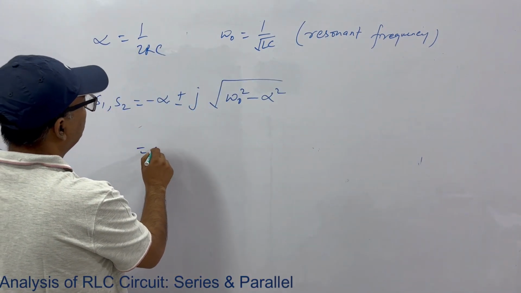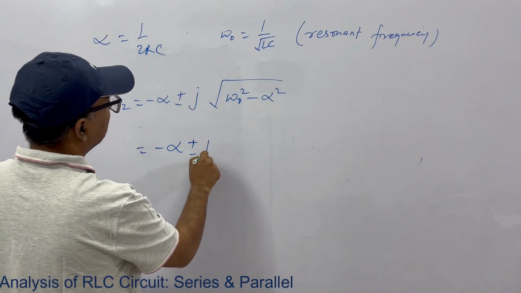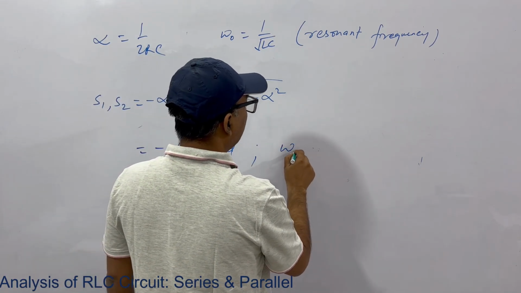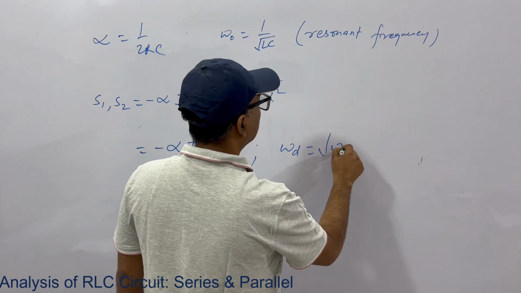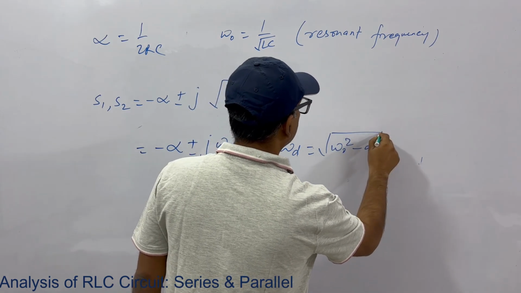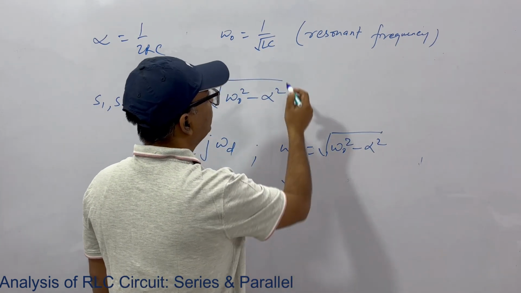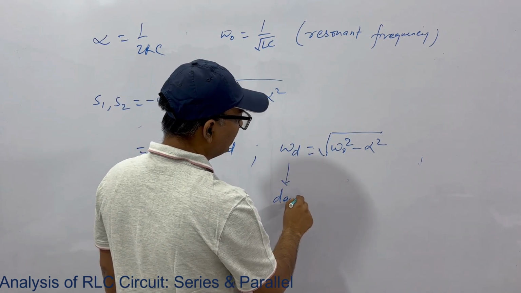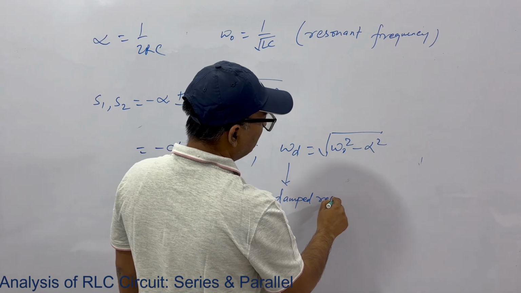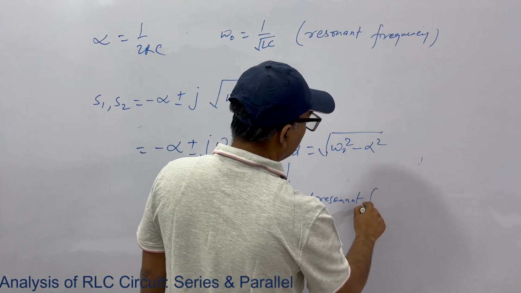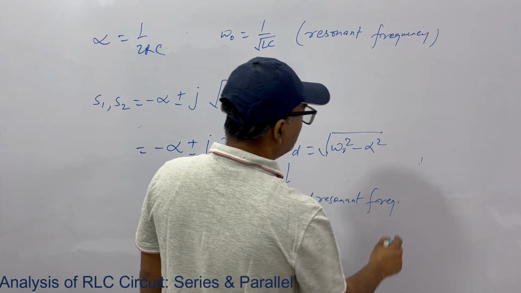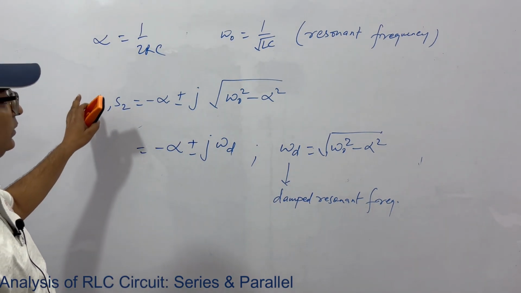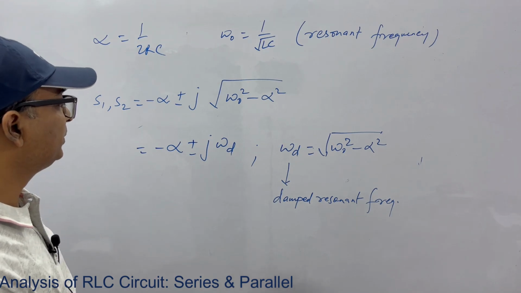We can also write it as j omega d, where omega d is root of omega 0 square minus alpha square. Omega 0 is the resonant frequency, and this omega d is called the damped resonant frequency. Later on you will understand, or if you have studied oscillation in detail, you will know what these things are. So these are the things that you should keep in mind.